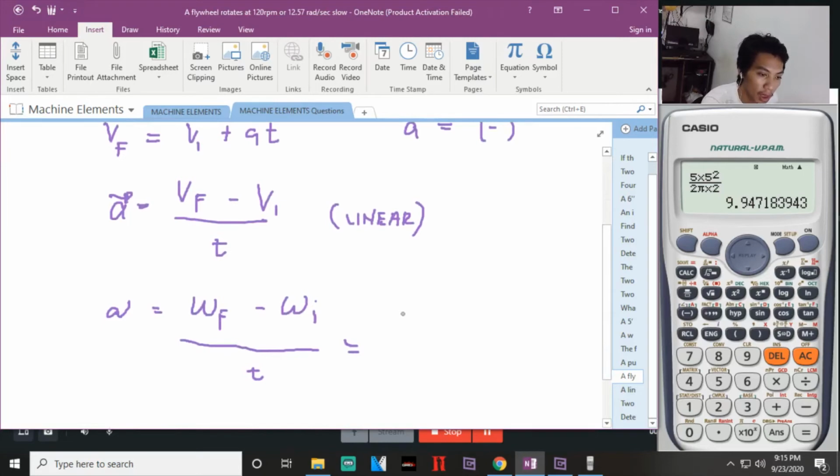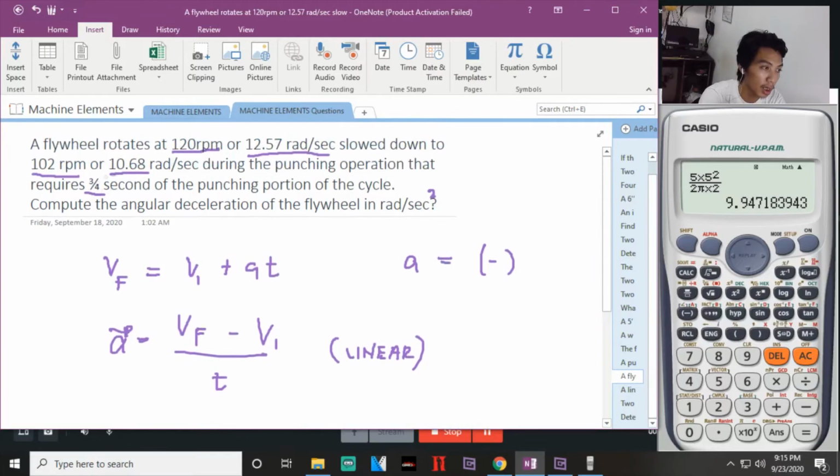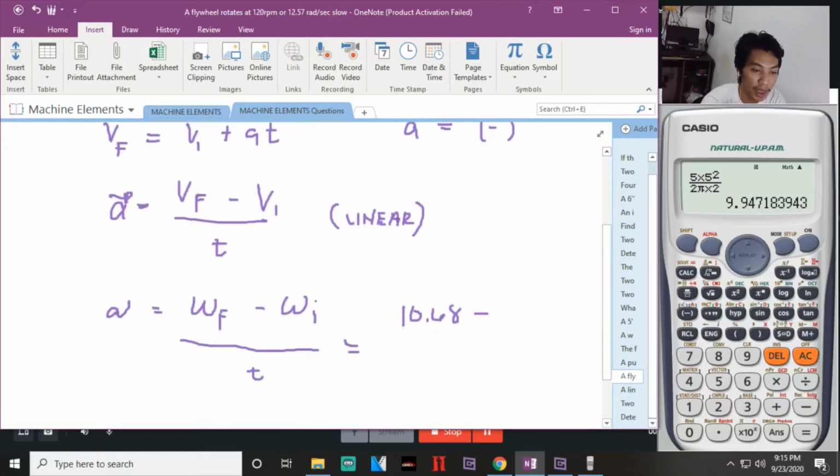So, 10.68 minus 12.57, divided by the time, that is 3/4, so 0.75 seconds.